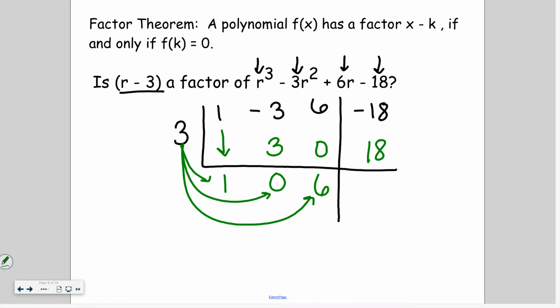Negative 18 plus 18 is 0. So, is it a factor? Yes, because the factor theorem is telling us that it is a factor if it equals 0 right here. So, yes, this is a factor. Okay? Let's look at the next one.